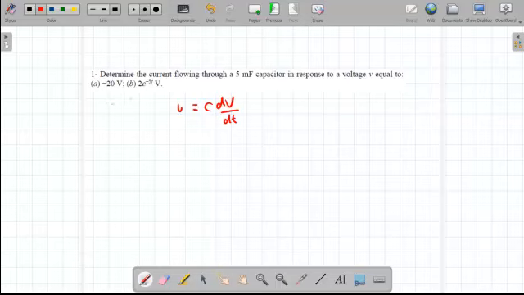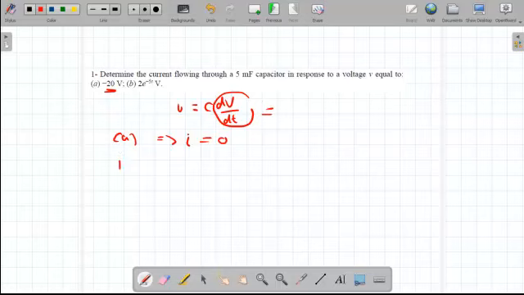So if the voltage is minus 20, it means that the voltage is constant, so it doesn't change with time. So the current I equal 0, because this will become 0.